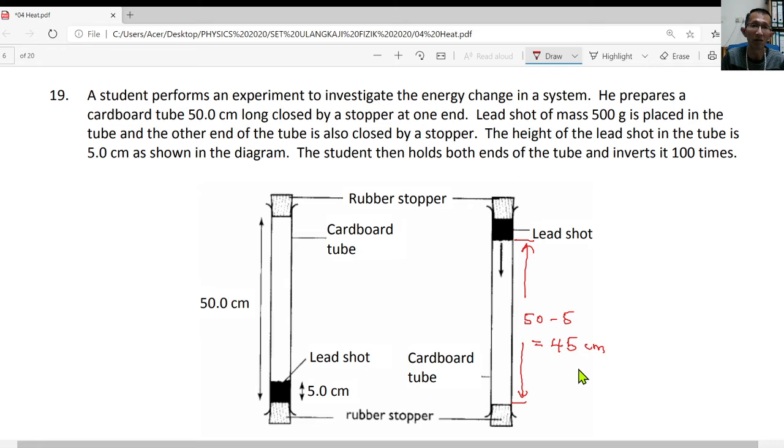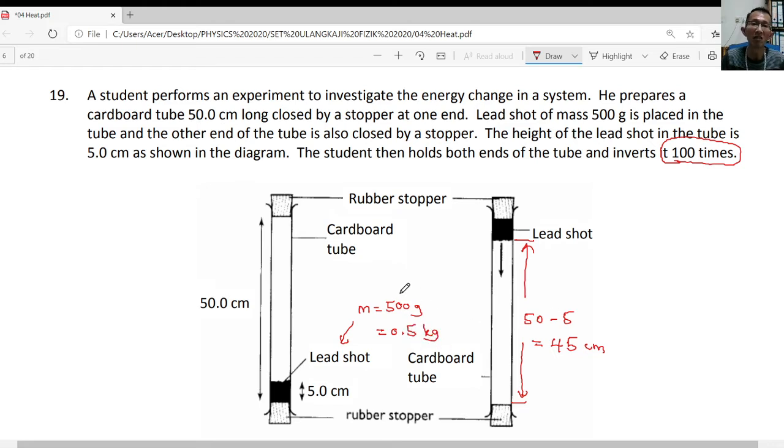Does that make sense? It says to invert 100 times, so we keep this in mind in our calculation. The mass of the lead shot is 500 gram, or equivalent to 0.5 kilogram.